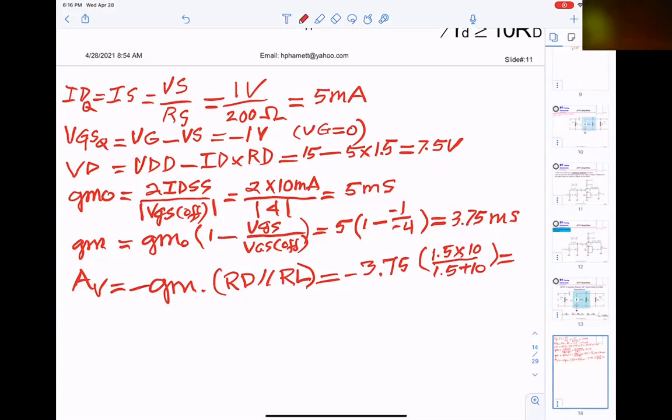Do you get an AV of minus 5? Anyone else get the answer? Minus 4.89. How come you guys get a different answer? Okay, wait a minute, hold on. 3.75 times the combination in parallel. So 15 divided by 11.5, 0.75.